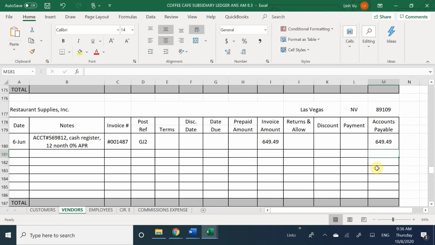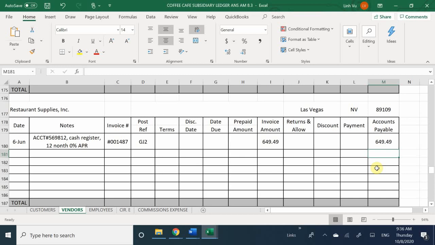Yes, we signed up for the 12 months, but what happens if I pay before the 12 months? What happens if I pay after the 12 months? So for terms here, you cannot determine it until you physically receive the bill in the mail or wherever you collect the bill from.